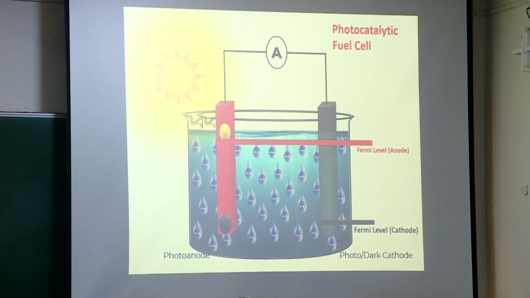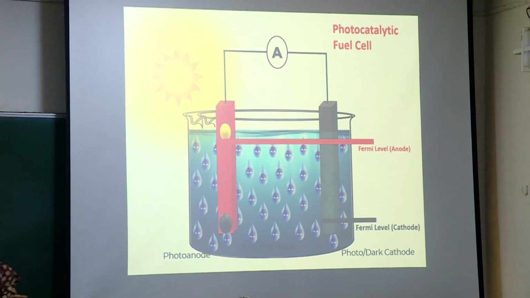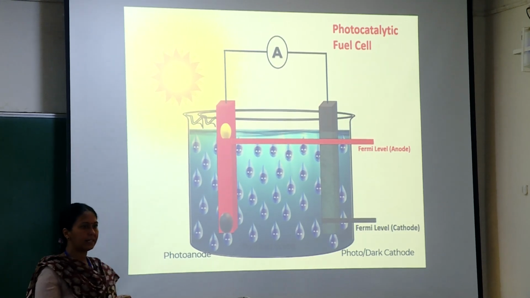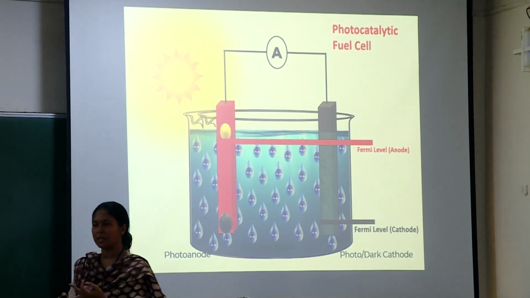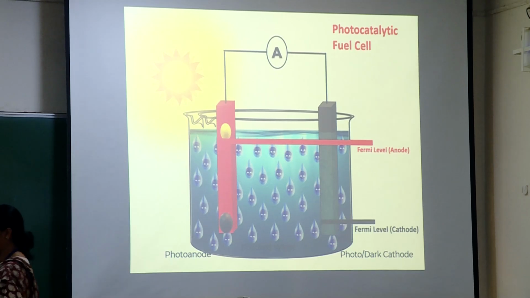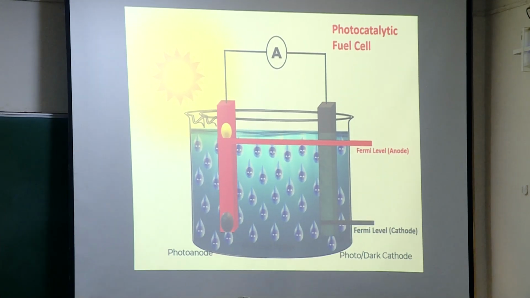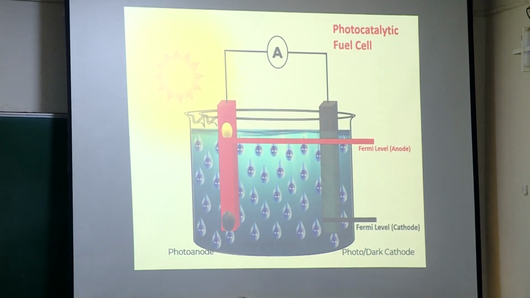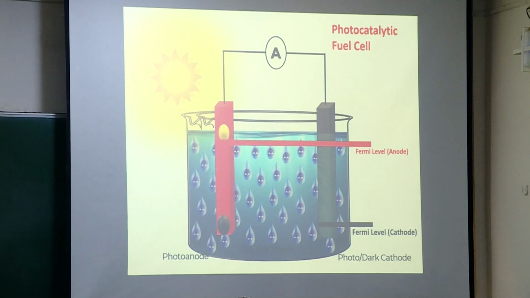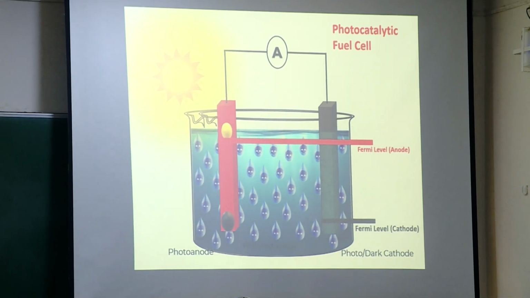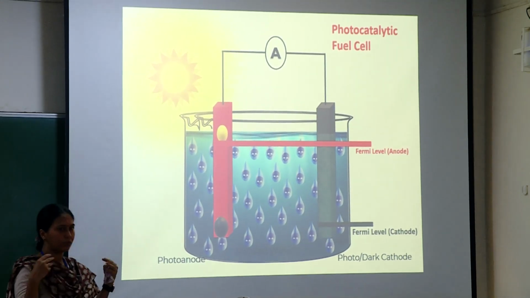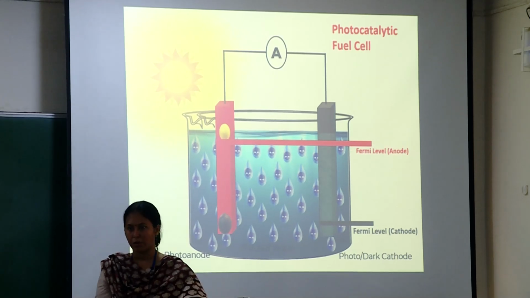What you have is the pollutant with some electrolyte, it can be KOH, sodium sulfate or NaOH, plus the water under treatment which is called the fuel, and you have these photoelectrodes. Other than that, you do not provide any electrical bias from outside.